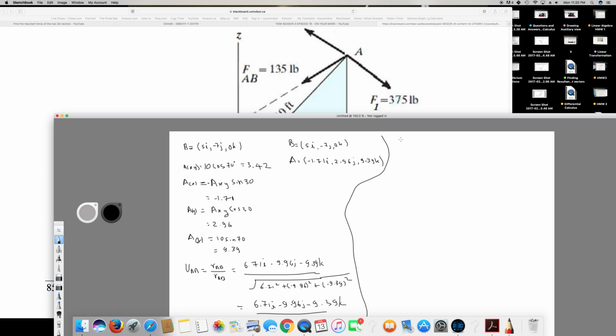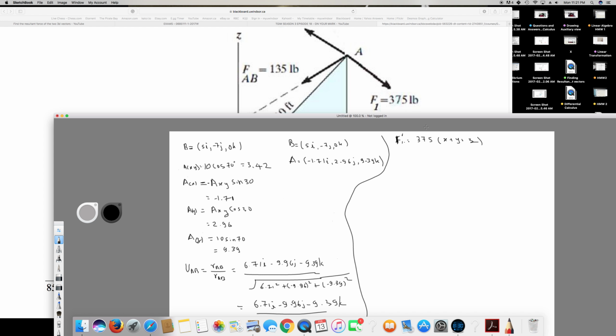So I'm just going to multiply it by x, y, z. So F1 prime is equal to 375 times (x plus y plus z).